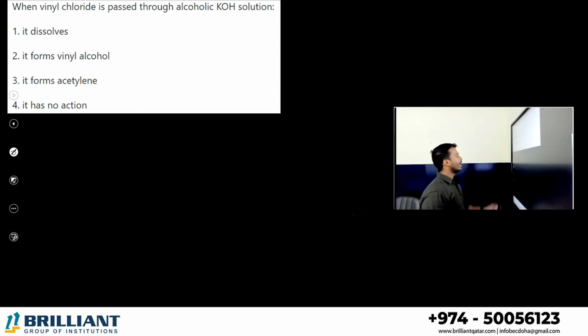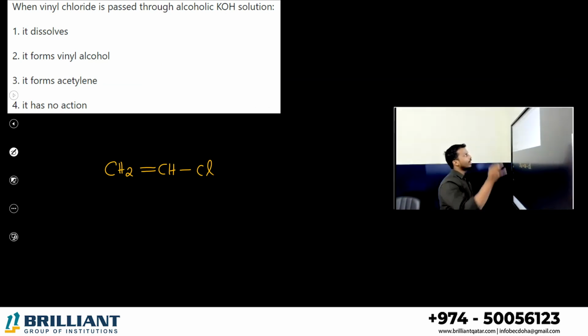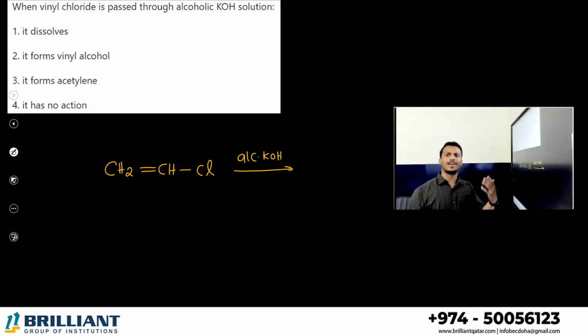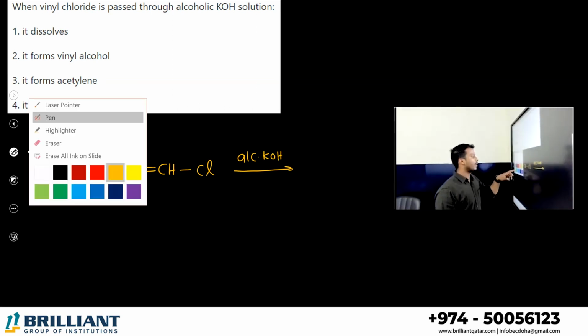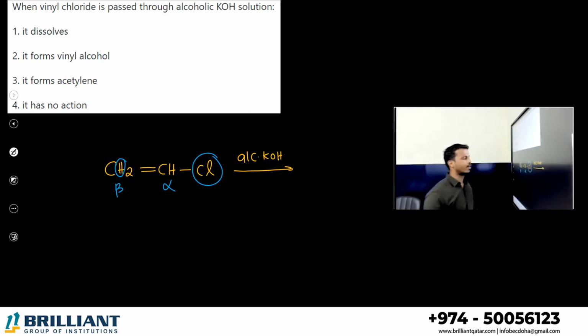Next. When vinyl chloride is passed through alcoholic KOH, what will happen? What is vinyl group? CH2 double bond, CH single bond, chlorine. Vinyl chloride, when you pass through alcoholic KOH, beta elimination occurs. What is beta elimination, dear all? Take your halogen from alpha carbon, take a hydrogen from beta carbon, make one more bond in between alpha and beta.